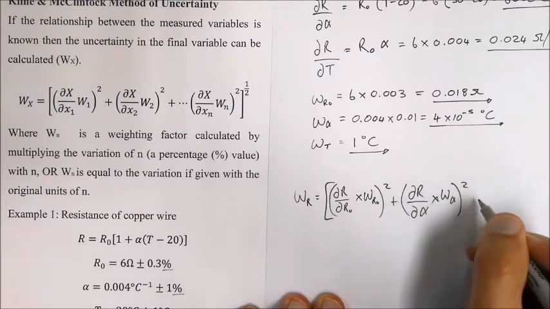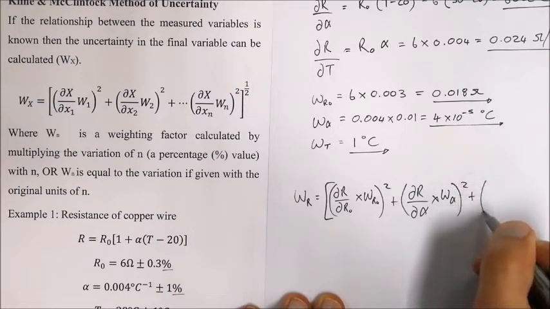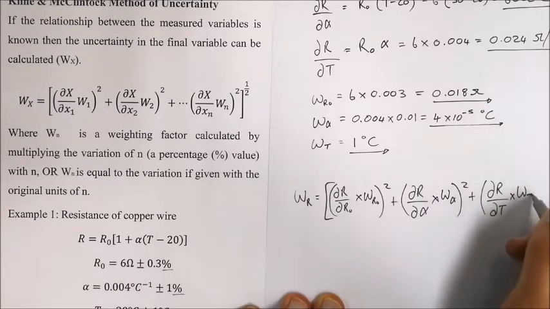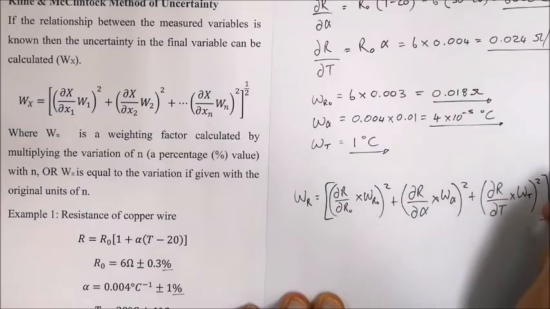We're going to square that, and then dR/dT multiplied by the weighting factor for the temperature. I'm going to square that, and all this we're going to take the square root of.